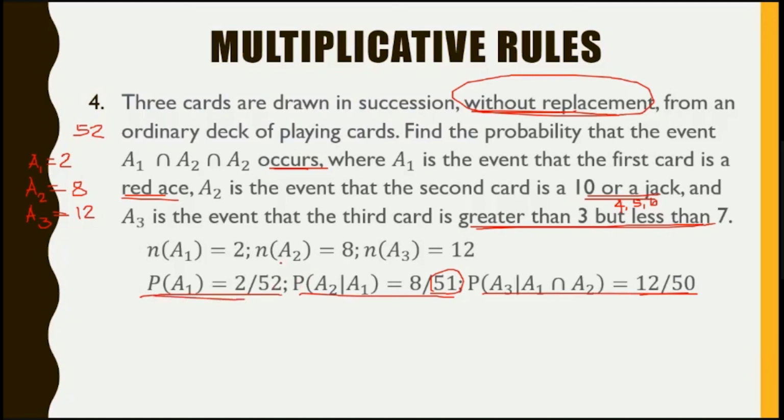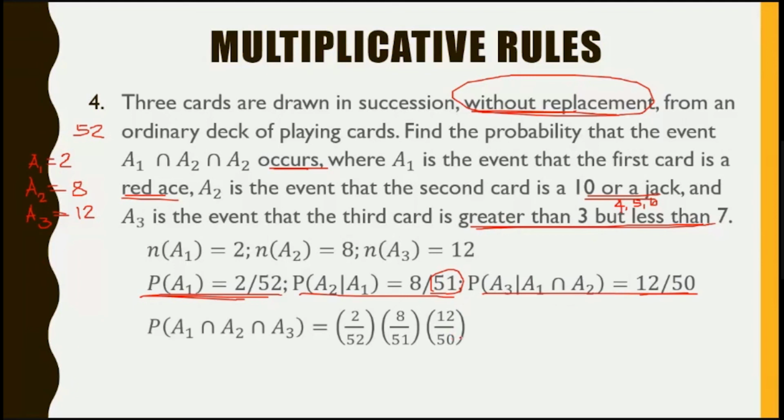And recalling our definition, the probability of the intersection of the three will be the product of the probability of the first draw, the probability of the second given that the first draw occurred, and the probability of the third given that the second and the first had occurred. So we just have to multiply them. That's 2 over 52, 8 over 51, 12 over 50.